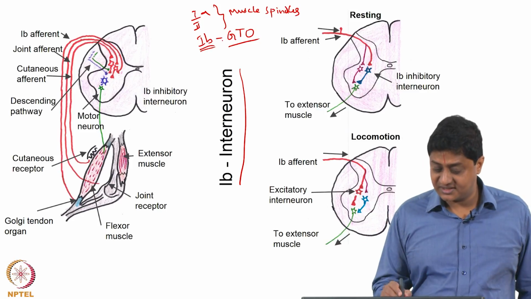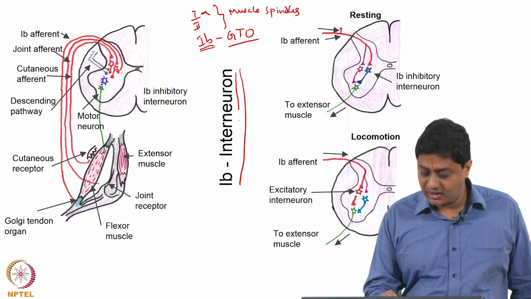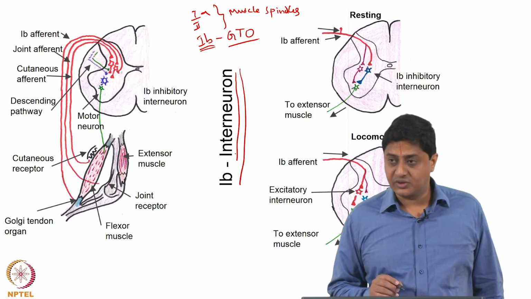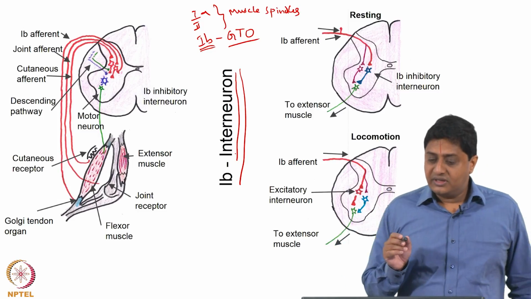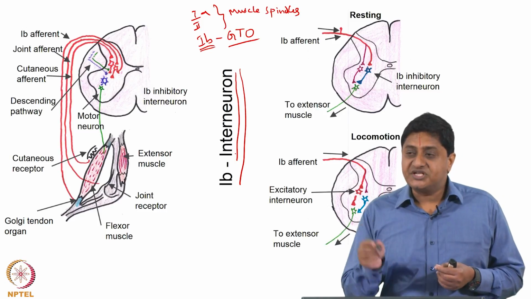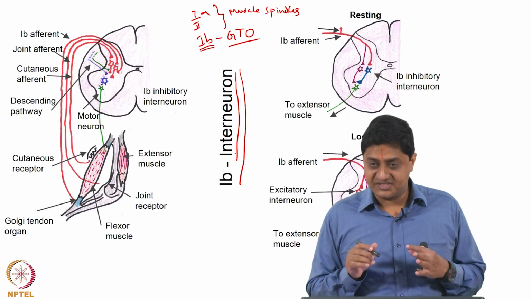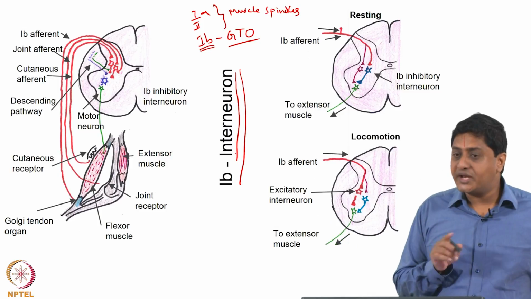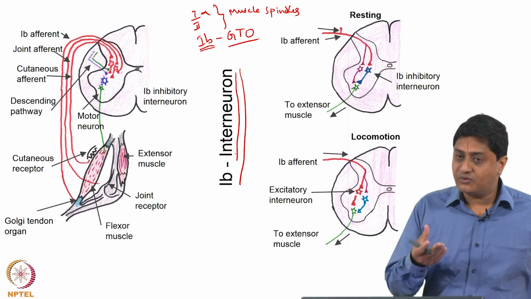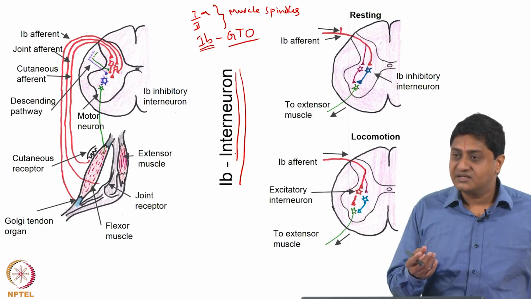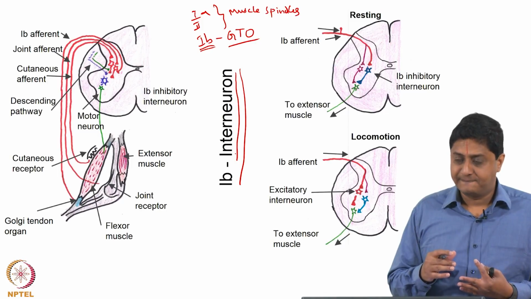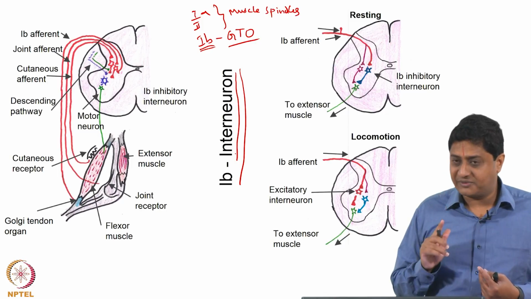So, what happens is that there is an interneuron, which is called the 1B interneuron. The 1B afferent excites a 1B interneuron which inhibits the alpha motor neuron of the same muscle. Unlike the 1A case, where stretching activates the 1A afferent and it excites the alpha motor neuron of the same muscle, causing it to contract, that is a monosynaptic response.